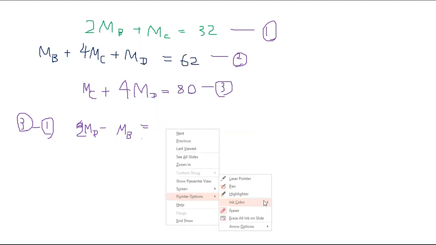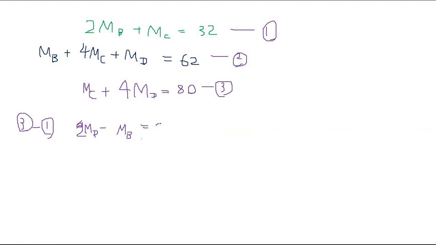This is going to be 24, because the entire equation can be divided by 2, right? So then I will multiply this equation by 4. So that's going to be 8MB plus 4MC is equal to 128.